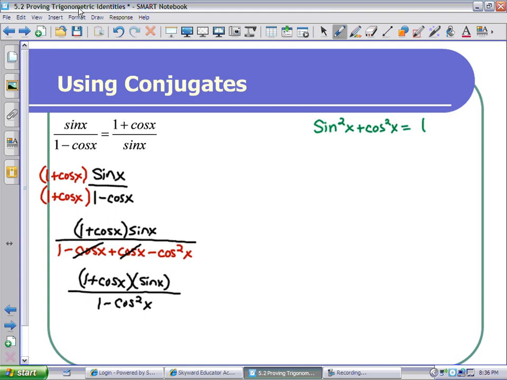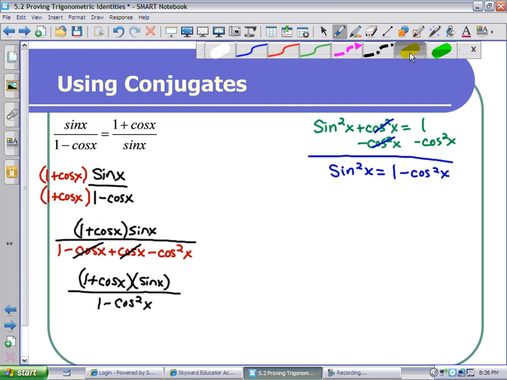So if we go back to our Pythagorean identity and you subtract cosine squared x from both sides, then here we're going to be left with sine squared x is equal to 1 minus cosine squared x, which is going to allow me to replace 1 minus cosine squared x with sine squared x in the denominator.